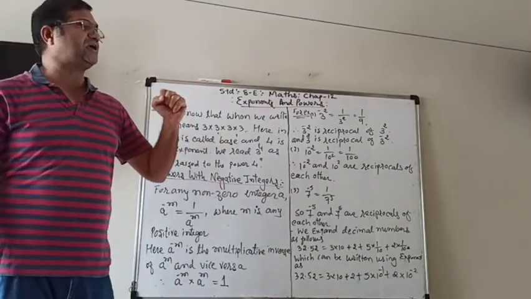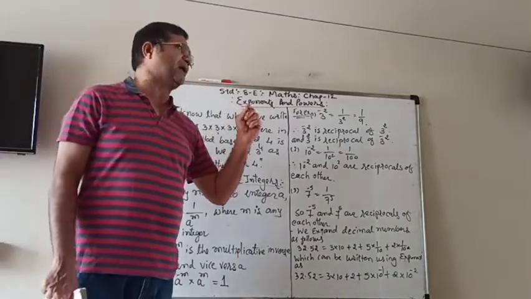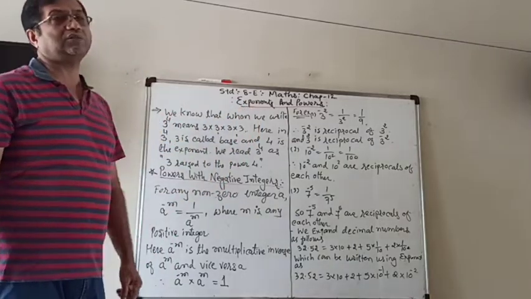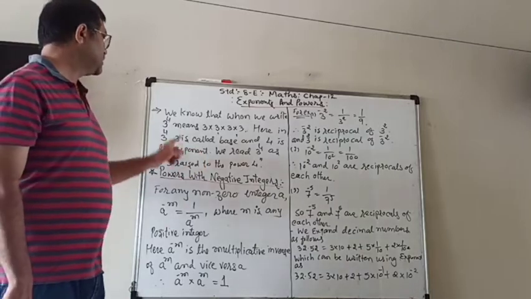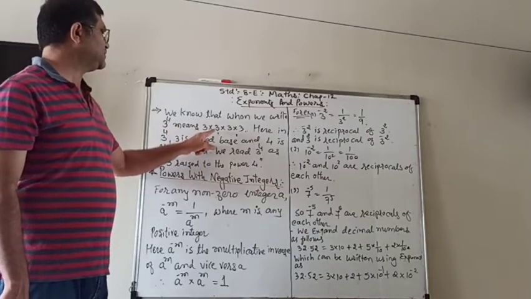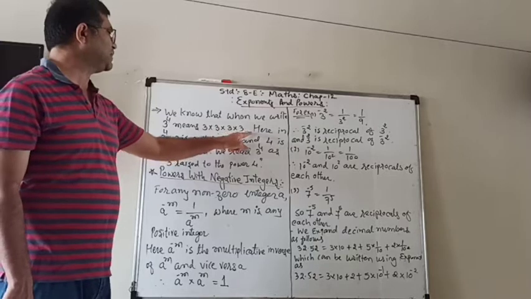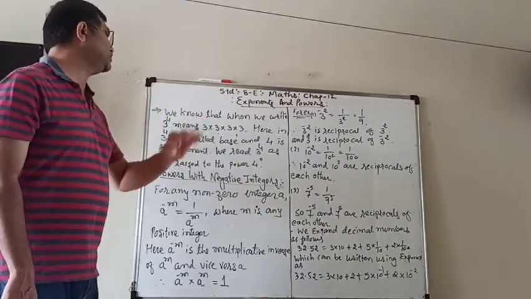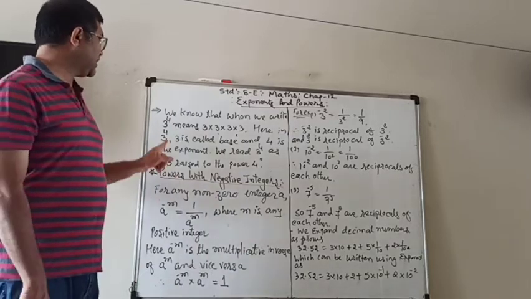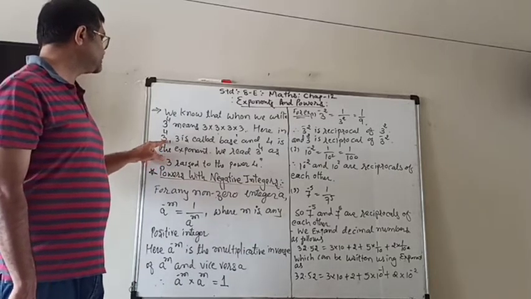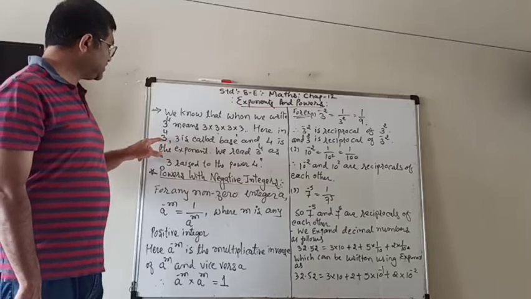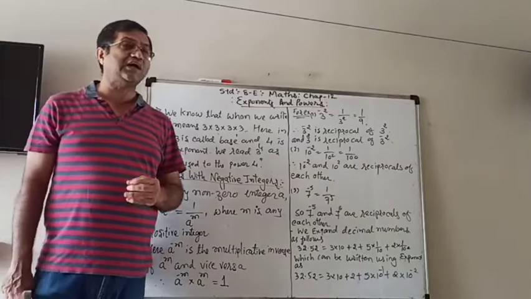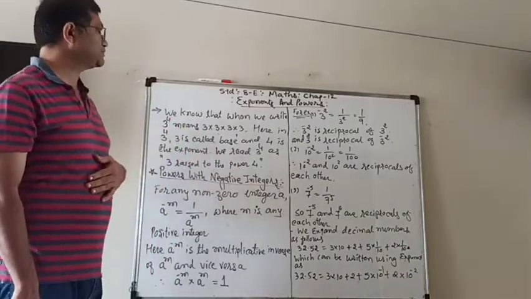In Standard 7, you learned about powers. Like if you write 3 and on the top 4, the meaning of this is 3 multiplied by 3 multiplied by 3 multiplied by 3. It means that 3 is multiplied 4 times. Here 3 is called the base, and the number 4 is known as the exponent.